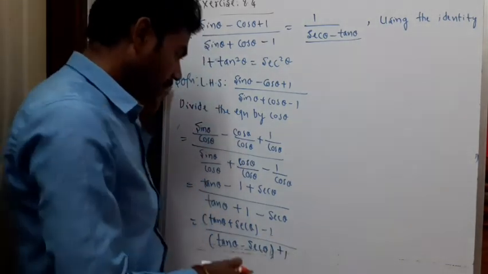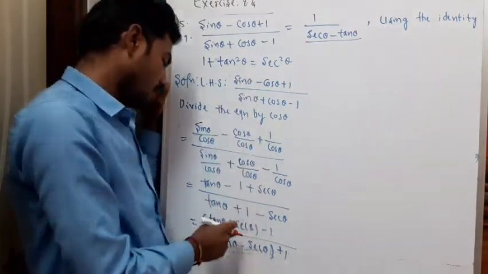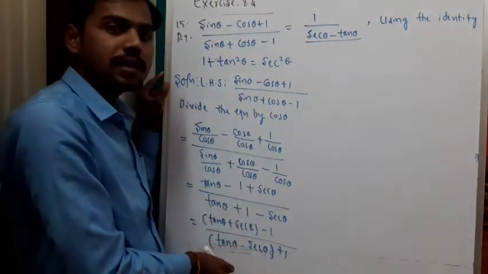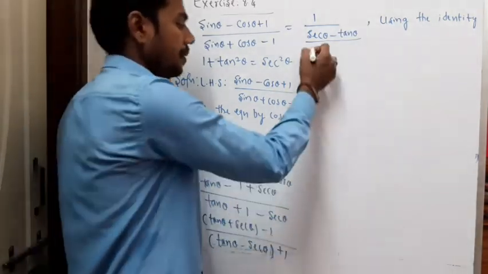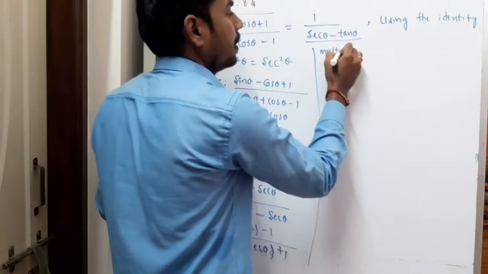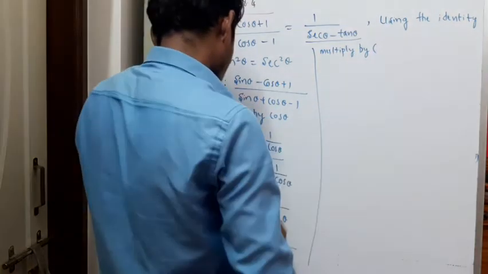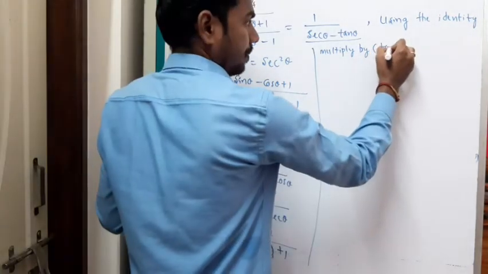Now what do we do? We have tan theta plus secant theta minus 1 in the numerator. To apply the identity, we will multiply the numerator and denominator by tan theta minus secant theta.